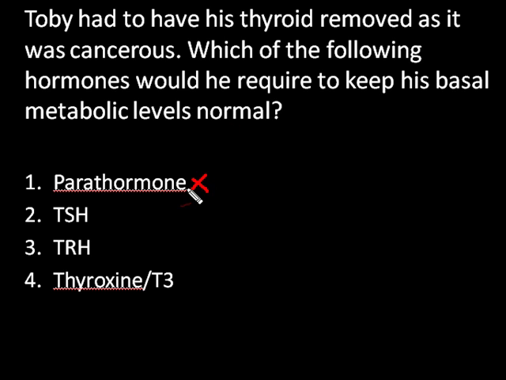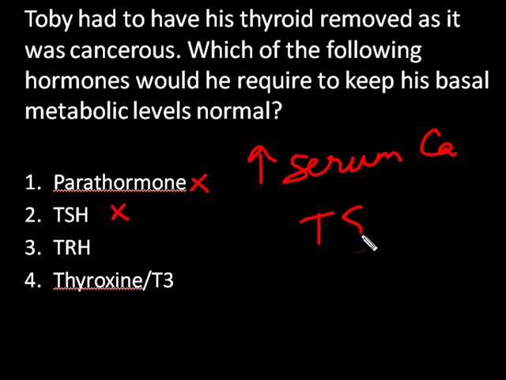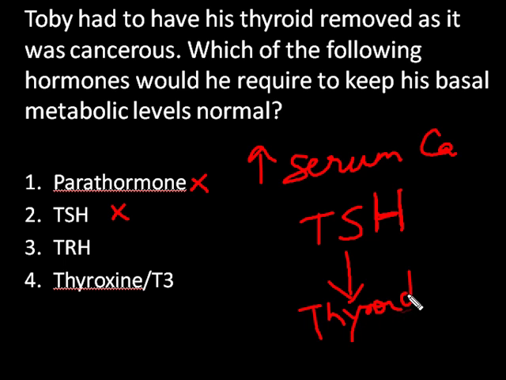So parathormone would not do that because the action of parathormone is to increase serum calcium levels. It has nothing to do with basal metabolism. Let's look at TSH. TSH also would not be a choice because if you see in the loop, where you have a hormonal method of secretion, TSH acts on the thyroid gland, and then the thyroid gland produces the thyroid hormones.